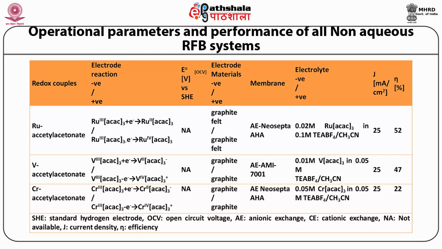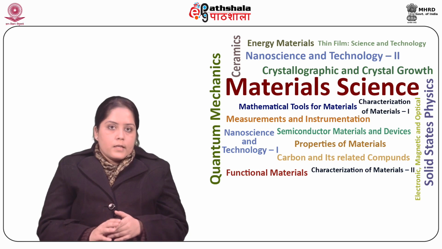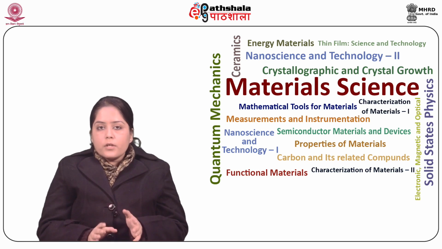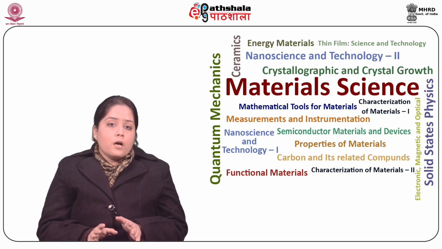All non-aqueous RFB technologies and their important parameters are summarized in this table, which compares all available non-aqueous RFB systems. So students, let us summarize what we have learned till now in this module.